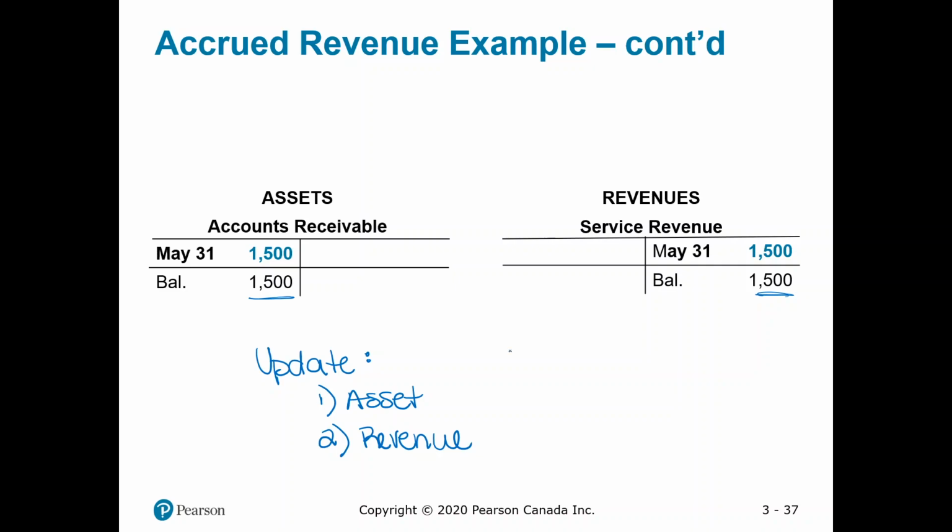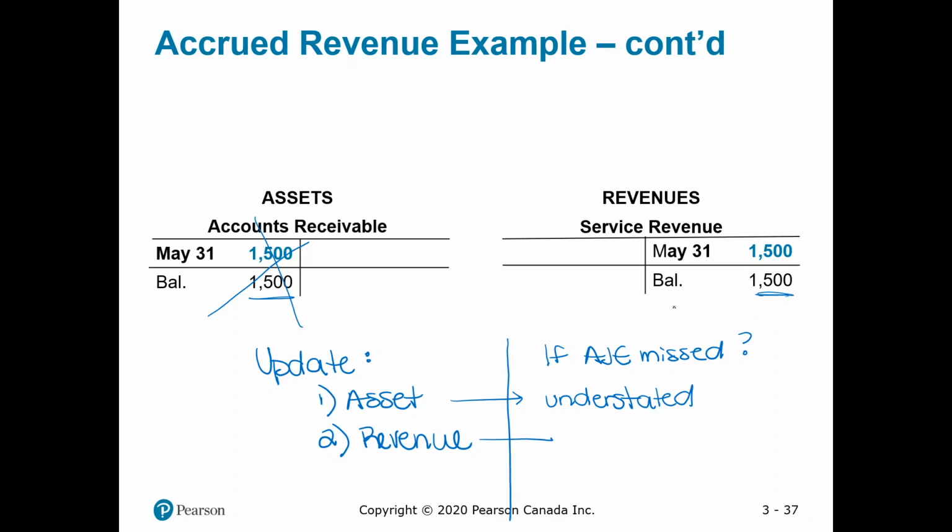So we ask ourselves that question again, what if this adjusting entry was missed? What would the impact on the statements be? Well, we wouldn't have this balance here. So our asset would be understated. We missed recording that amount. And our revenue, again, that wouldn't be there. It would also be understated.